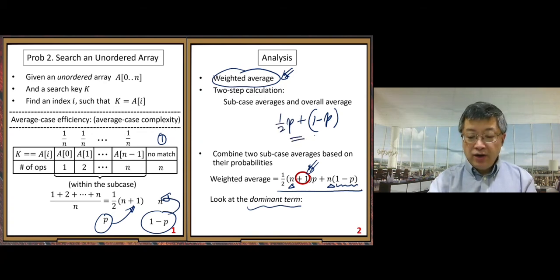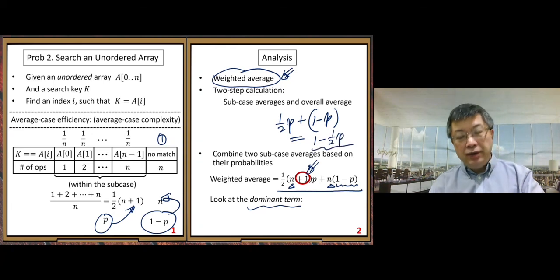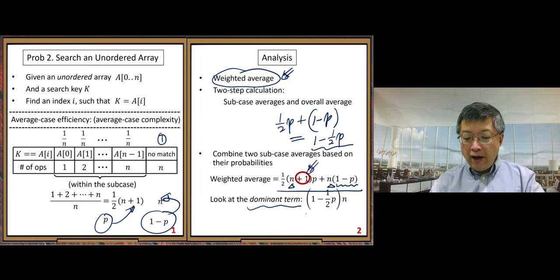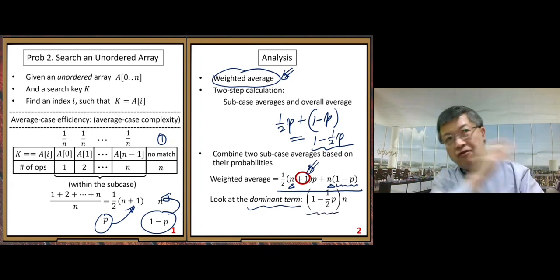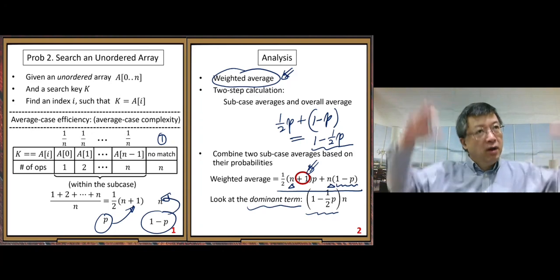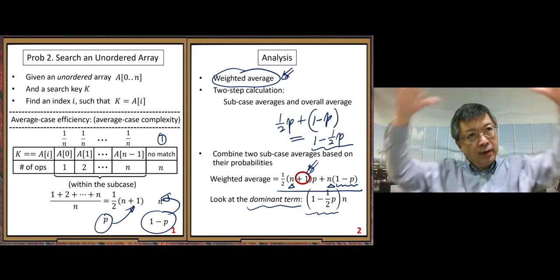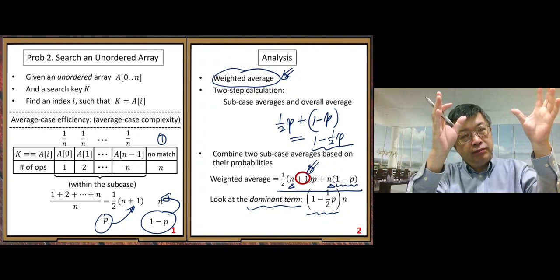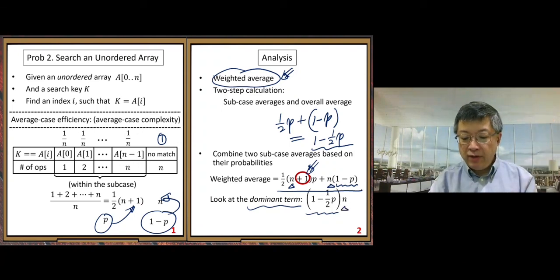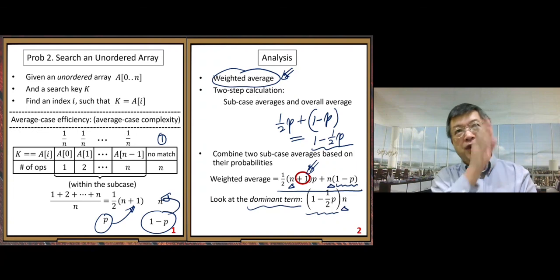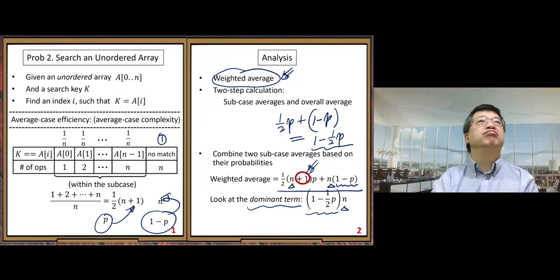Adding together, we get 1 minus 1/2 times p. So our dominant term is 1/2 times (1 minus 1/2 p)... that is, the new coefficient times the variable n. That's the dominant term expression.